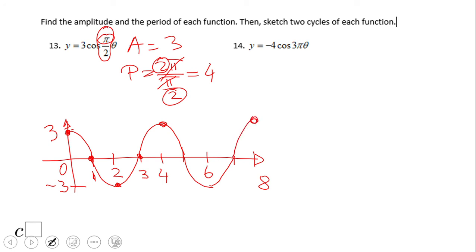So this is number 13. Pause this video clip and try number 14.